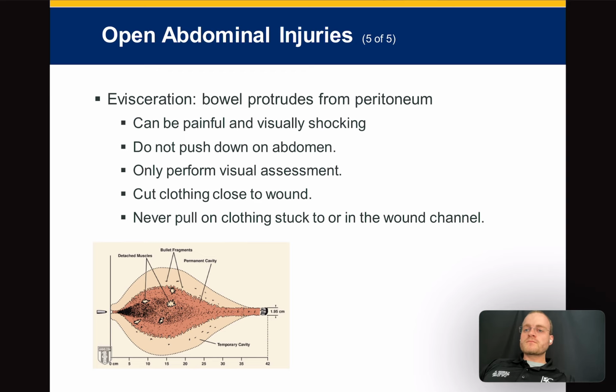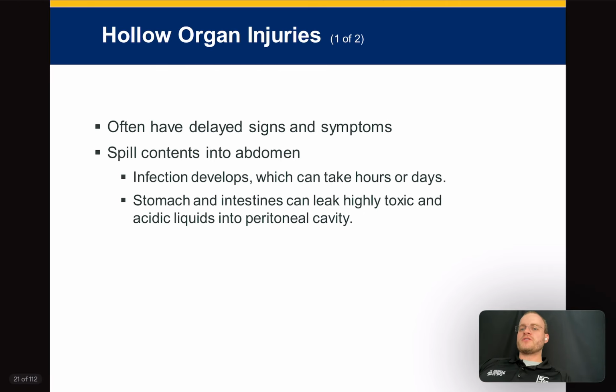And so the idea is we don't push down on the abdomen. You don't push anything back into the wound channel. You would cut clothing around the wound, and you'd perform only a visual assessment. Palpation and stuff like that, like touching, is not necessary at that point. And so we'll talk about how to treat that, but basically you'll cover it with a moist sterile dressing.